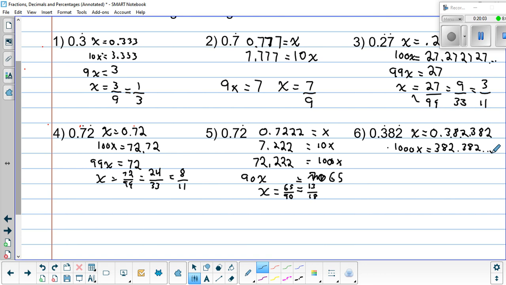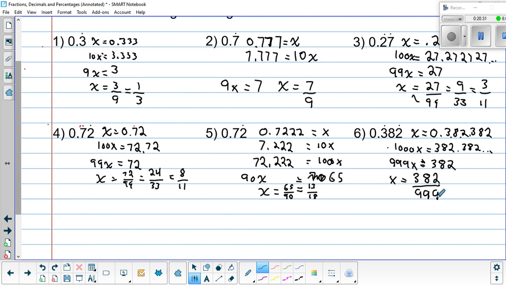So that means I get 999x is equal to 382. So here x is equal to 382 divided by 999.